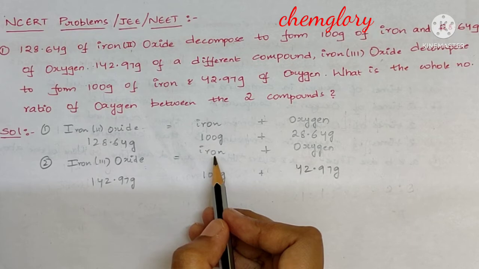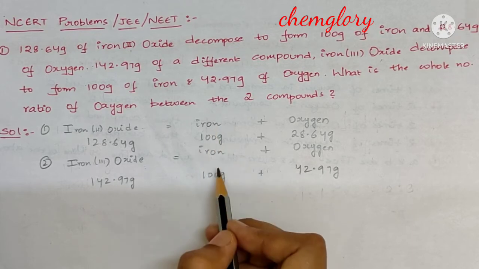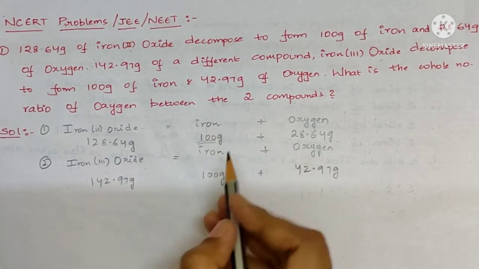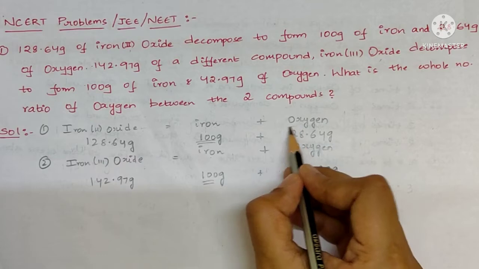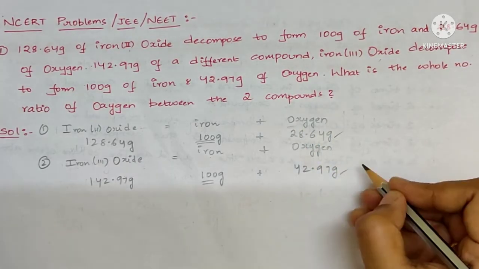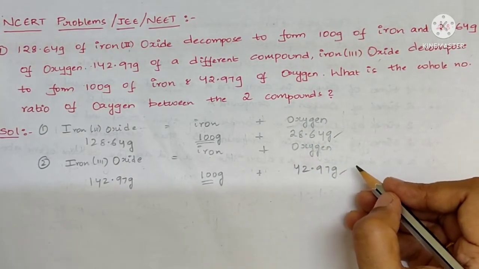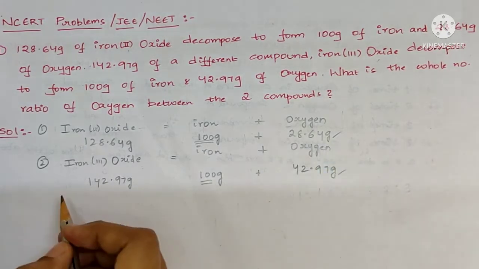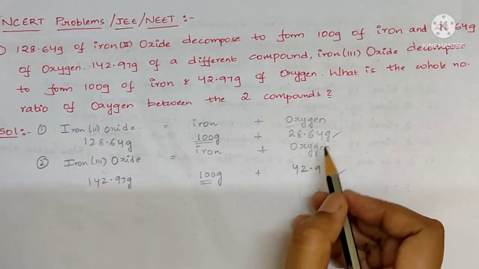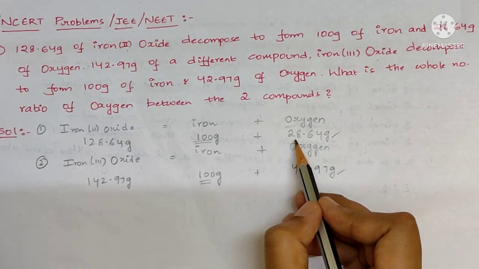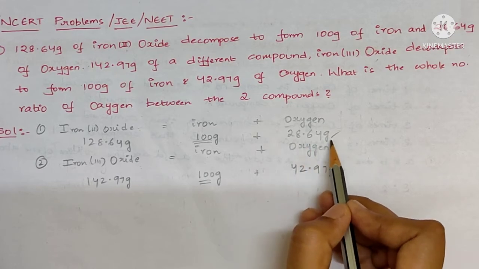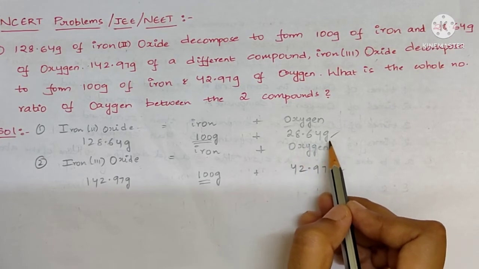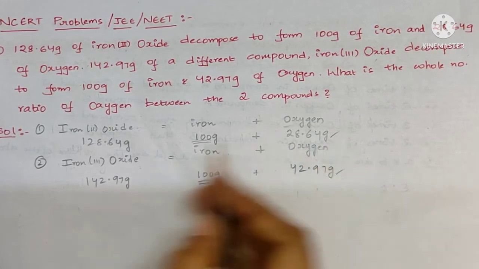Here you observe, students, iron has a fixed mass, 100 grams and 100 grams. Oxygen has different masses. So now we have to solve this problem in this manner. Here in the above masses, 28.64 is the smallest number. So let me divide by 28.64.